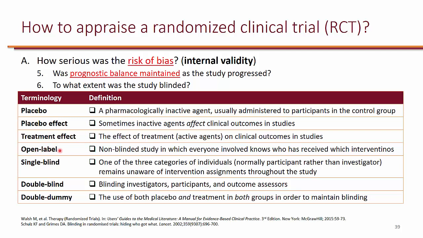But blinding can be single blind, or double blind. So single blind means only one of the three categories of individuals are blinded. So either the patients or participants or the investigators or people who actually do the analysis. Double blind means everybody has been blinded, so nobody knows what treatment the patients are getting.